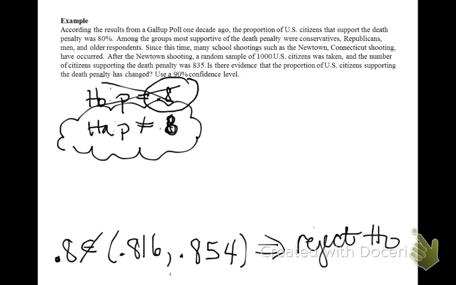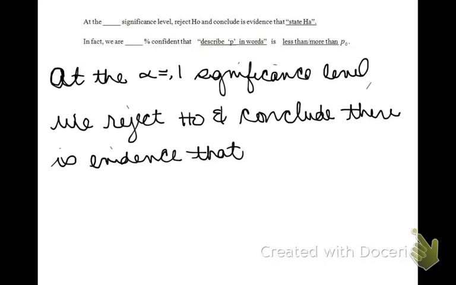So let's use this to write a conclusion. Using our general statements, we can say, at the alpha % significance level, if we had 90% confidence, then alpha is 10%, or 0.1. So at the alpha equals 0.1 significance level, we reject H0 and conclude there is evidence, and then we want to state HA.